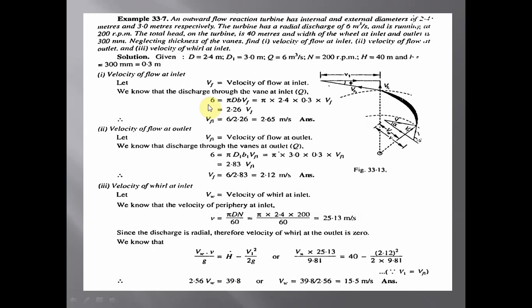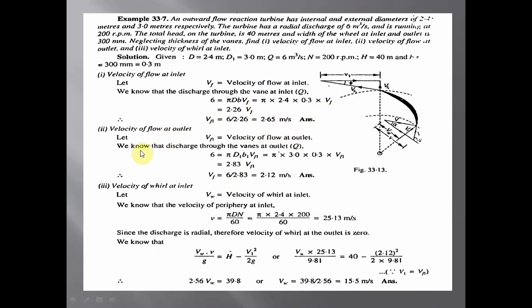We also know discharge through the vane at inlet Q equal to 6, that is pi into D into B into Vf, that is equal to pi into 2.4 into 0.3 into Vf, that is equal to 2.26 Vf, so Vf is 2.6 meters per second.